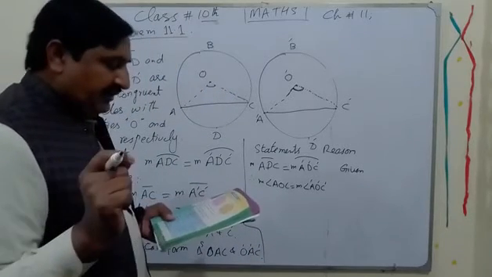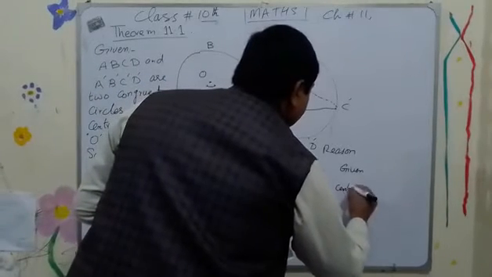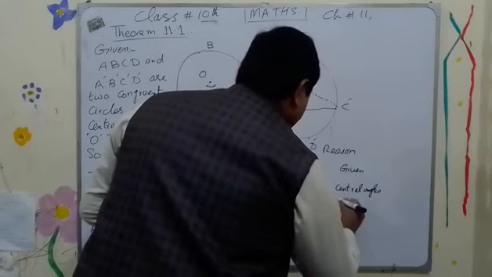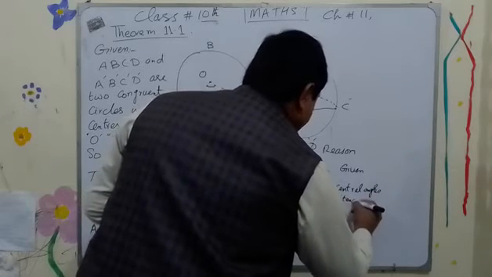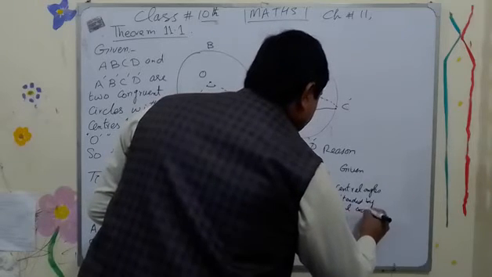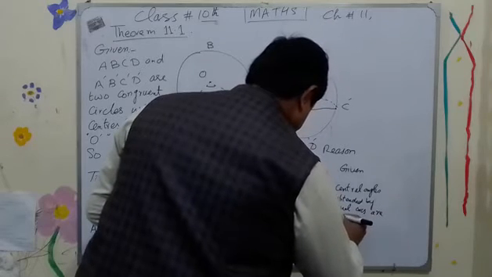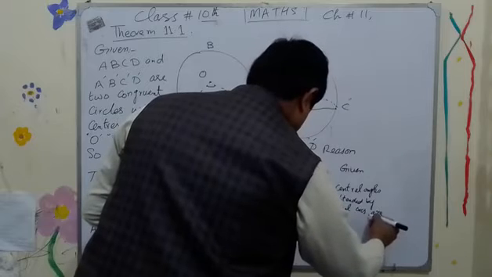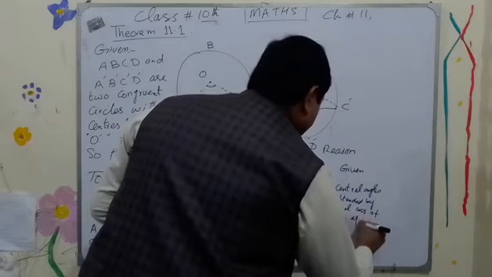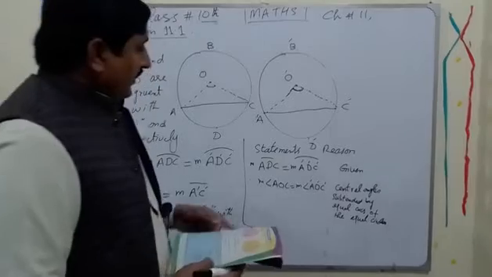Central angles subtended by equal arcs of equal circles are equal, right? Why do we write it?